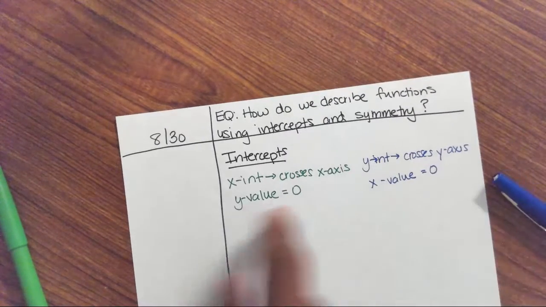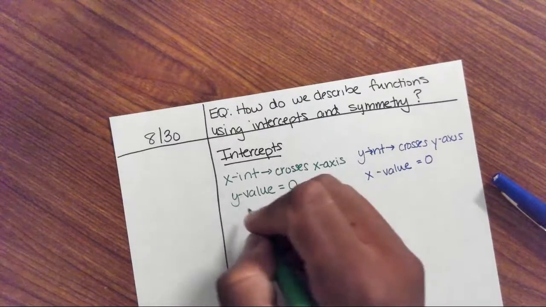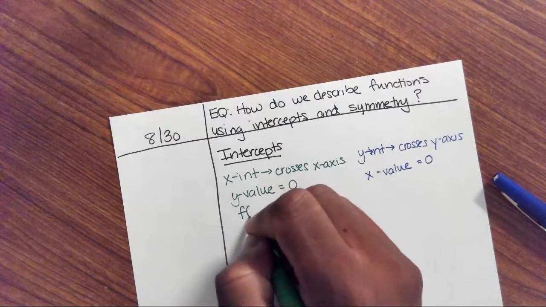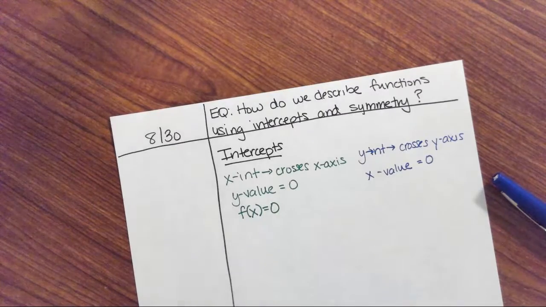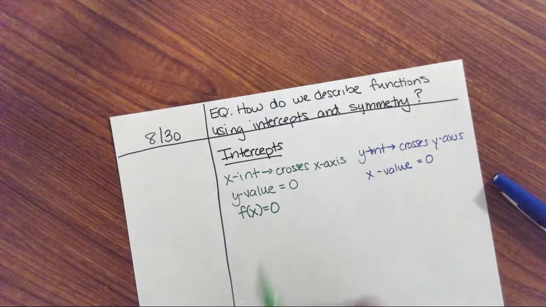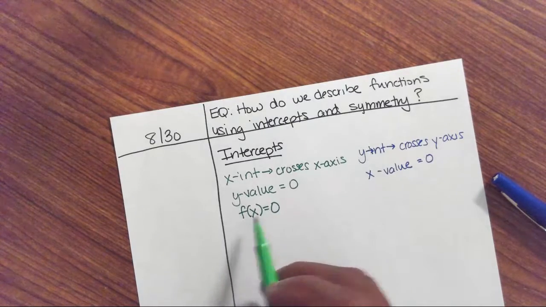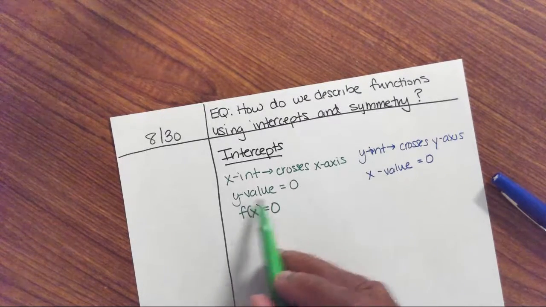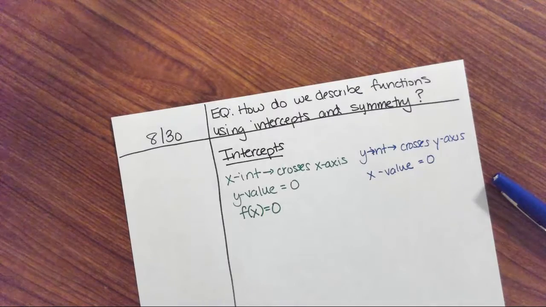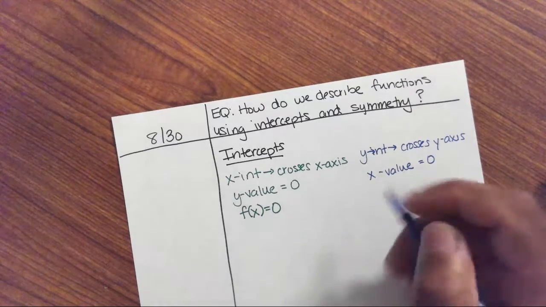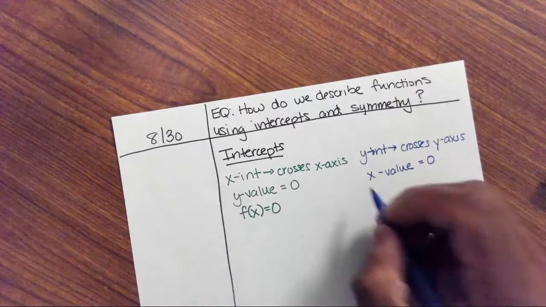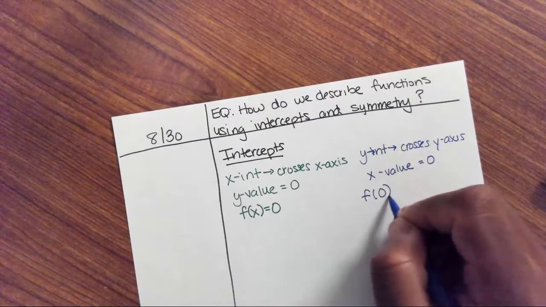When you look at the X-intercept, you want to set the function equal to 0, because when the function is equal to 0, you're telling me that the Y value for this function is 0. If the Y value equals 0, that means we're finding X-intercepts. For the Y-intercept, the X value is 0, so that means you're evaluating the function at f of 0.